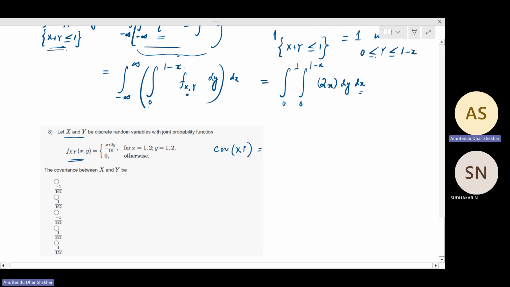Covariance is defined as the expectation of x minus the mean of x, times the expectation of y minus the mean of y.